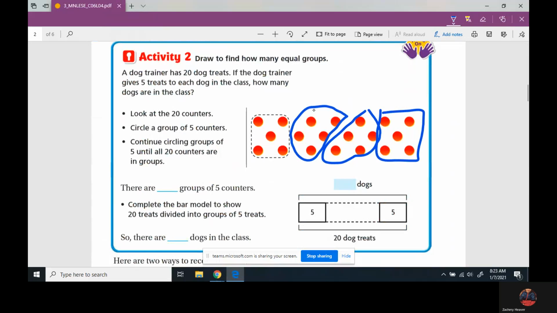So there are 4 groups of 5 counters, which means there are 4 dogs in the class because this is going to be 5 and 5. 5, 10, 15, 20, 20, 5 on each, 4 dogs.